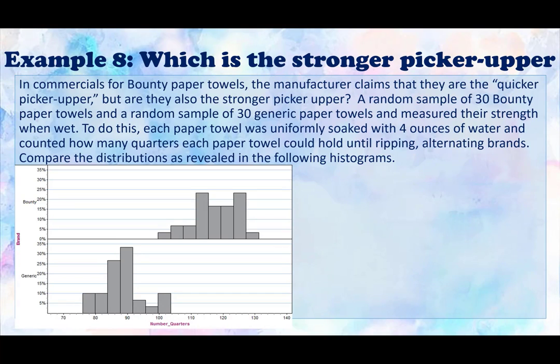Now, in order to talk about and compare the distributions, we are going to have to talk about their SOCS. Now remember, the first S is the spread. So let's look at the spread here. The spread of the Bounty looks like it held anywhere from 100 quarters to 130 quarters, so that is about 30 quarters.